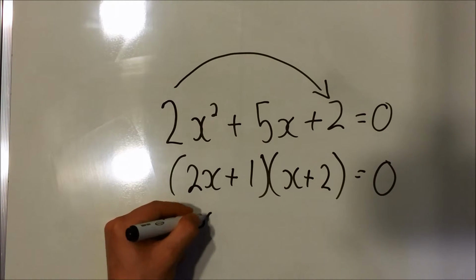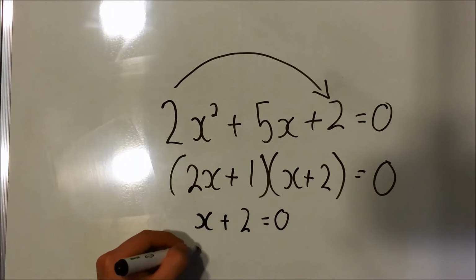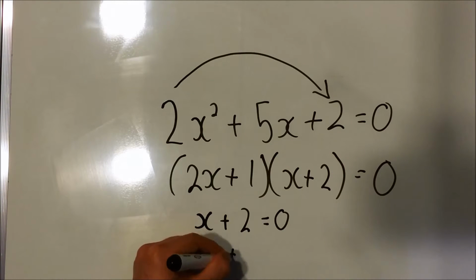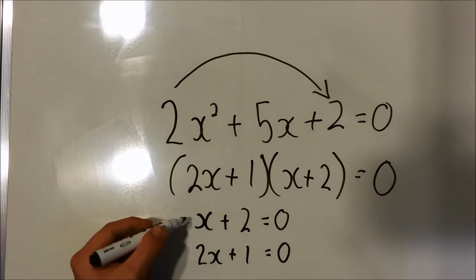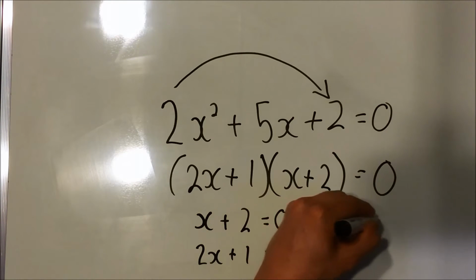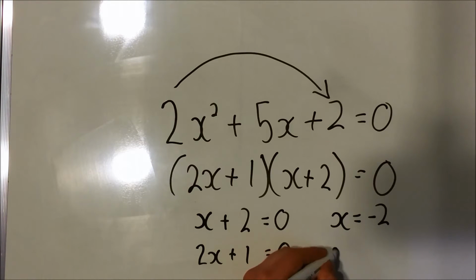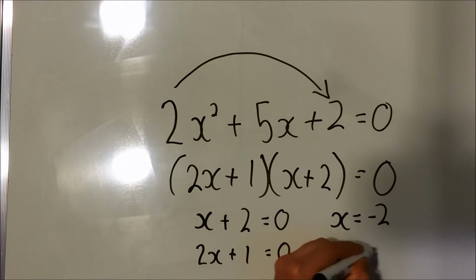So now we know that x plus 2 equals 0 and 2x plus 1 equals 0. Rearrange these, you get x equals minus 2 and x equals, take the 1 over, so you get 2x equals minus 1, take the 2 over, so you get x equals minus 1 over 2.